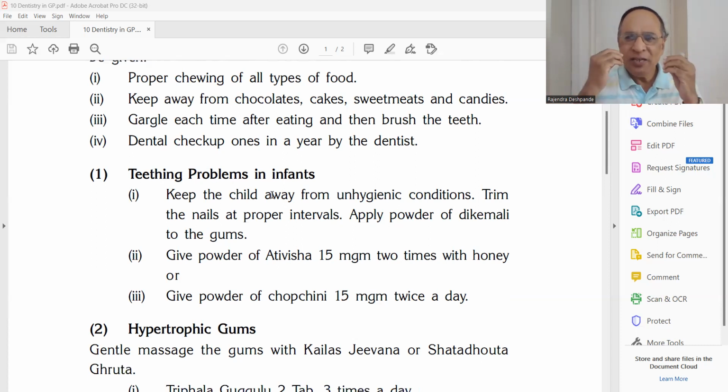Once tartar starts, that is still okay. But once it becomes a cavity, that's a bigger problem. Then the infection goes to the root of the teeth, which is the biggest problem, and then you have to do a root canal. Sometimes you lose the teeth, then you have to put caps, silver caps and so on. Now there are artificial implants of teeth also. But remember my word: for one tooth implant, you have to pay 35,000 to the dental surgeon.